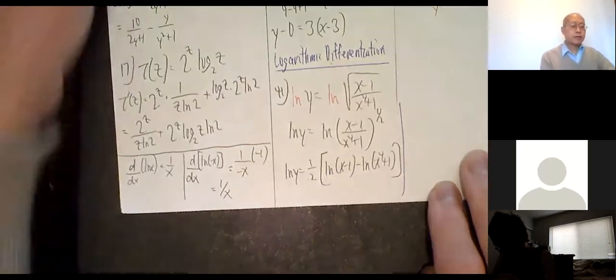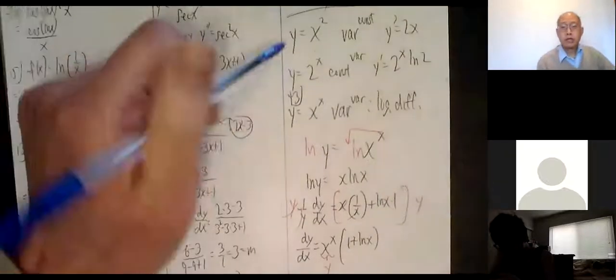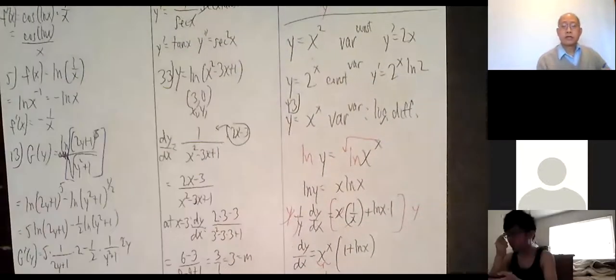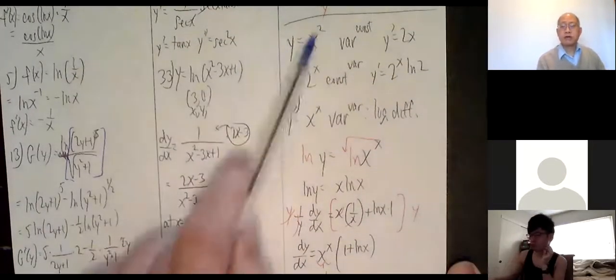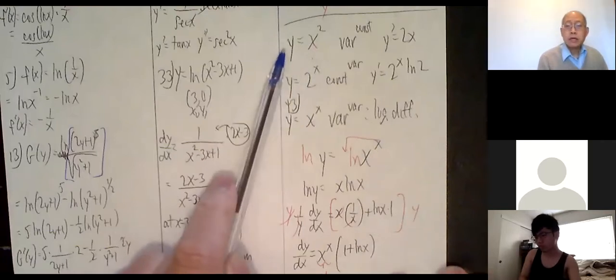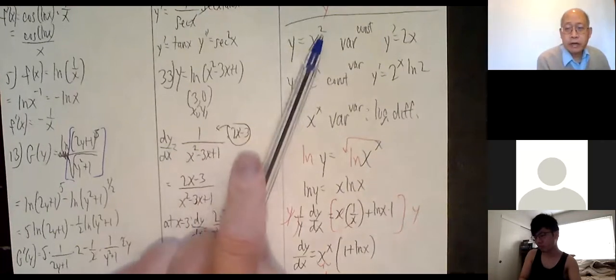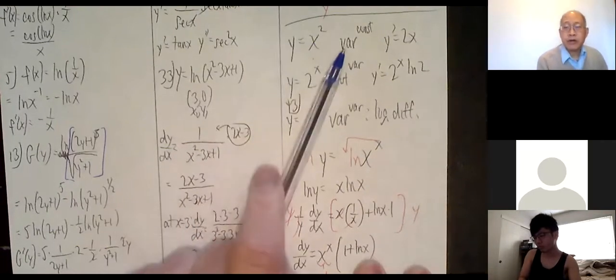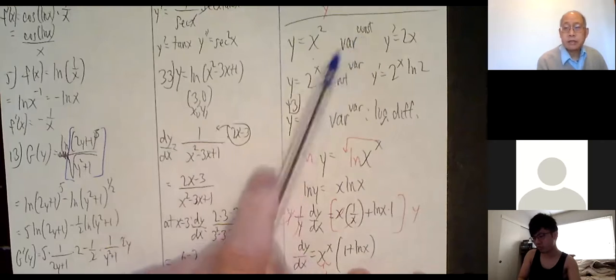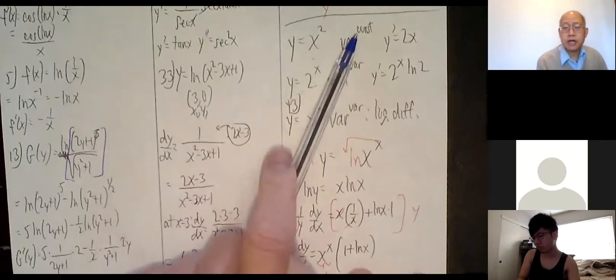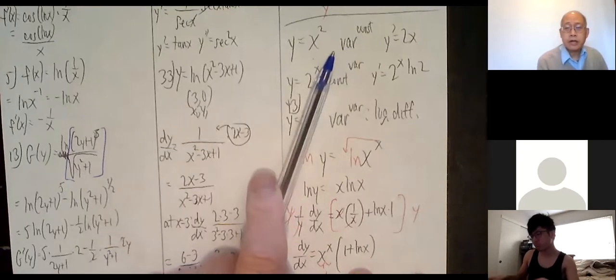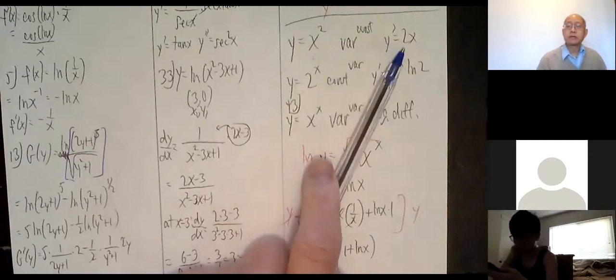All right, there's something else I'm going to show you before I stop very quickly. Show you the different things that we have to watch out for in situations where you have a variable involved. y equals x squared, that's a variable raised to a constant. There you're doing a power rule, so y prime is 2x.